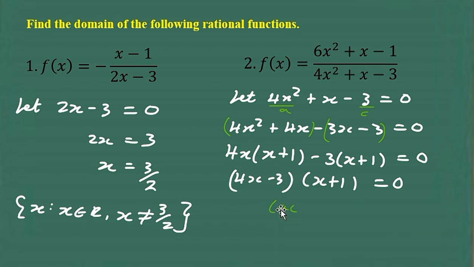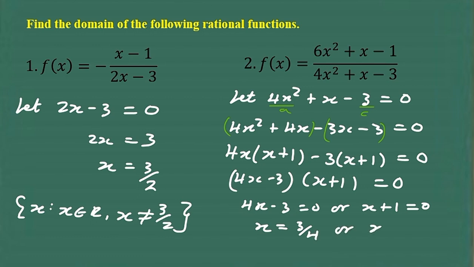In case you have a function that cannot be factored, you can use the general formula to find the root of the quadratic function. Alright, so this means that we are going to have 4x minus 3 equals 0, or x plus 1 equals 0. If we simplify this, it's going to give us x equals positive 3 over 4, or x equals minus 1.